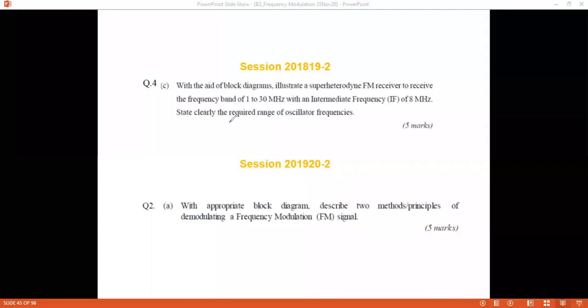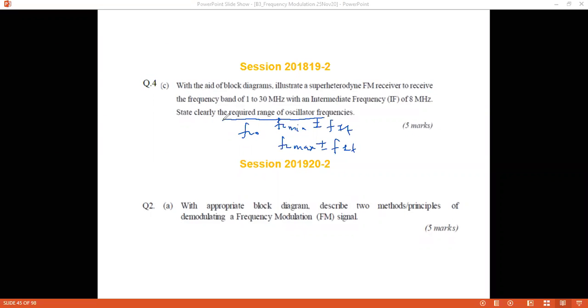So your FLO ranges from FC min plus minus FIF to FC max plus minus FIF, because you need to state the range of the oscillator's frequencies.